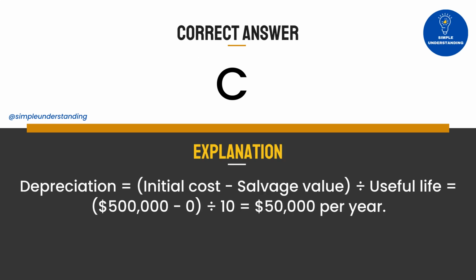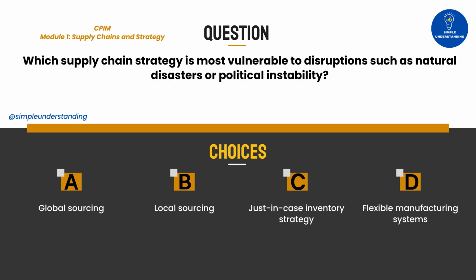Correct answer. C. Explanation. Depreciation equals initial cost minus salvage value, divided by useful life, which equals $500,000 minus 0, divided by 10, equals $50,000 per year.